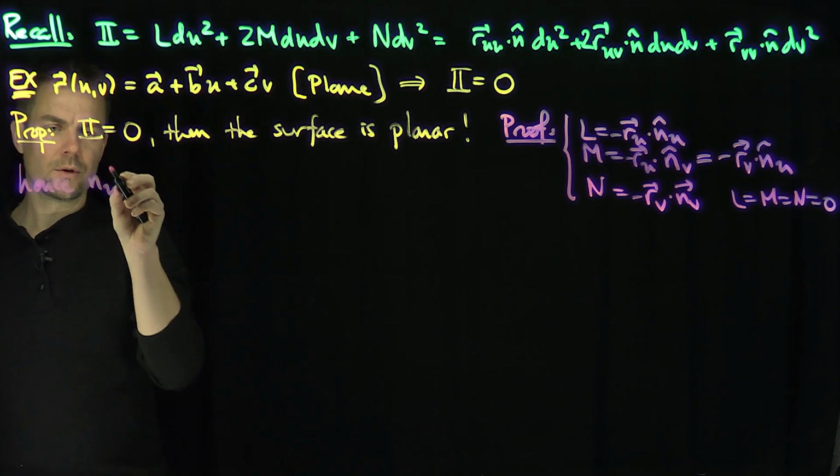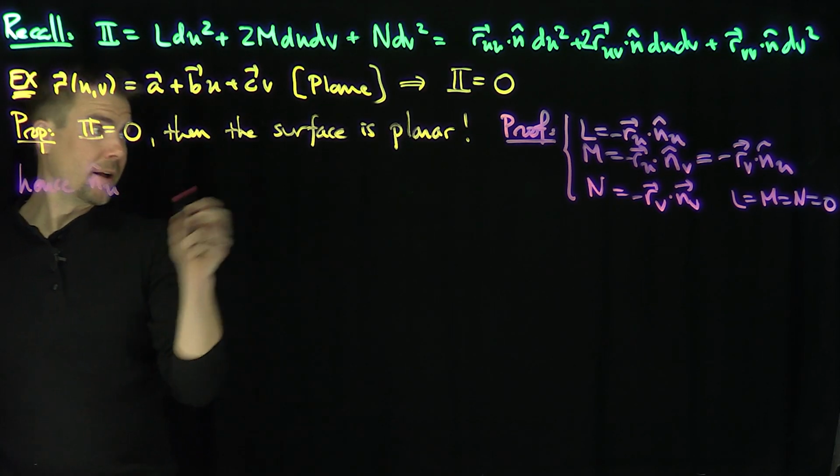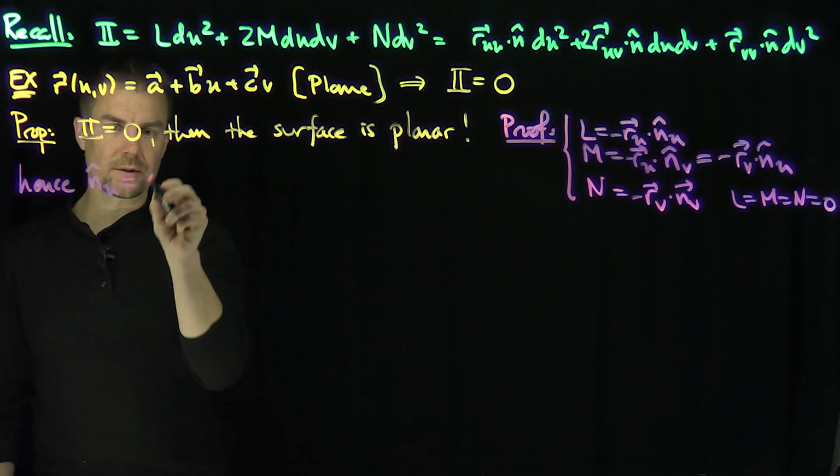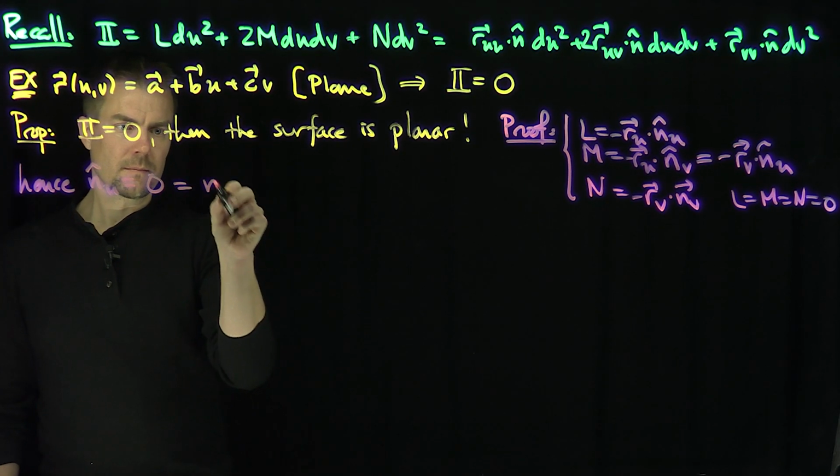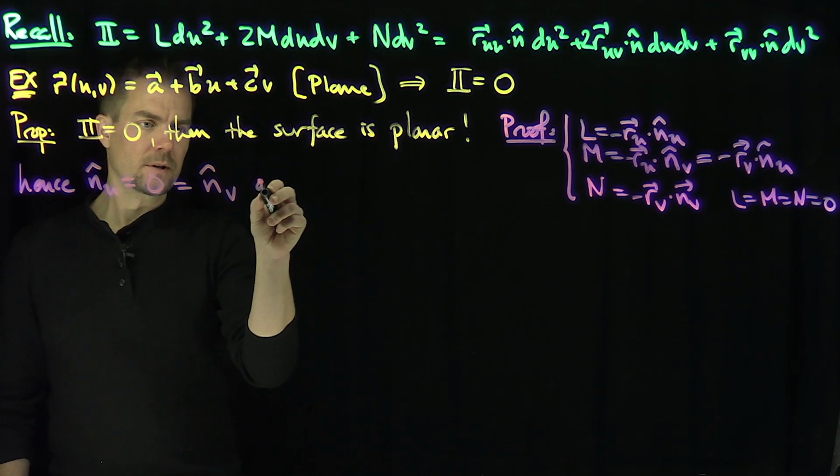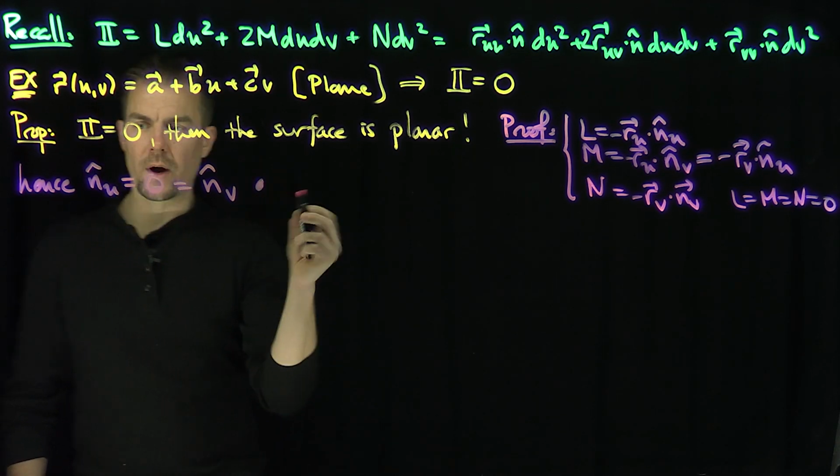both n hat_u and n hat_v are the 0 vector. Why is this true?